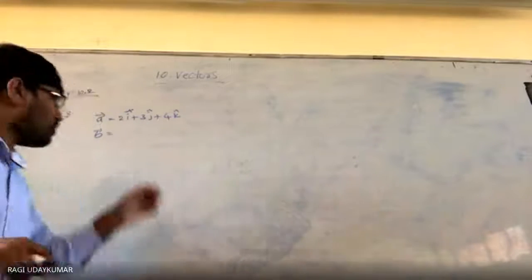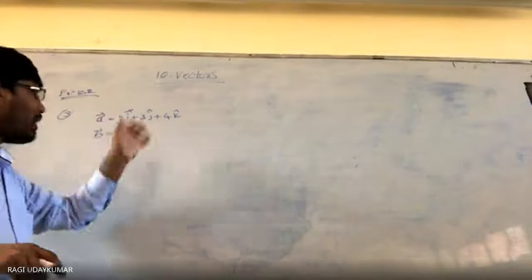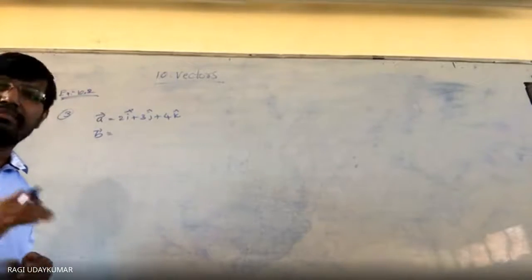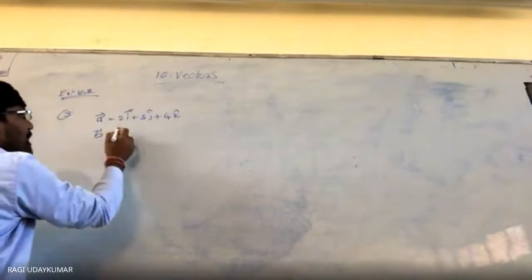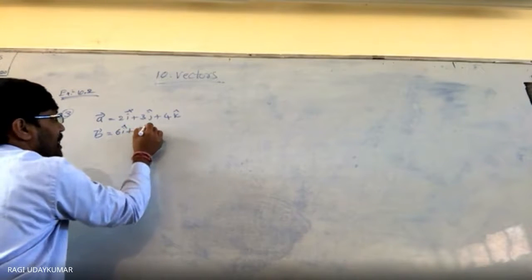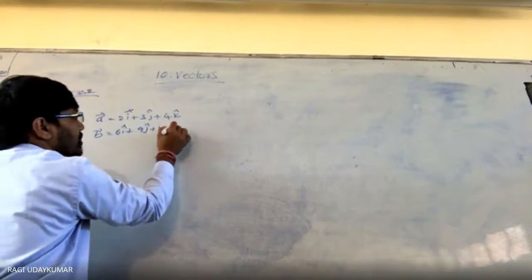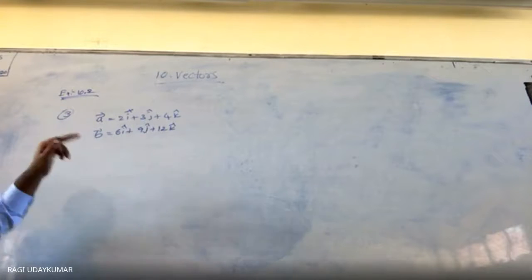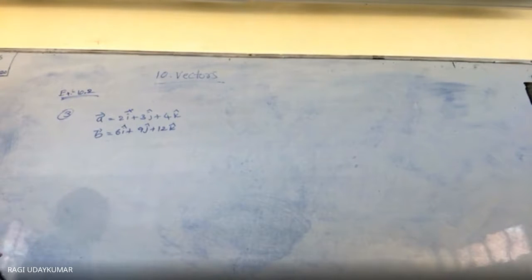For the direction to be the same, they should be parallel. Parallel means multiply the whole vector by any number, say 3. If I multiply by 3, I get 6i plus 3 3s are 9j, 4 3s are 12k. So these two vectors are different vectors, not the same vectors. This is one vector, this is another vector, but both have the same direction.